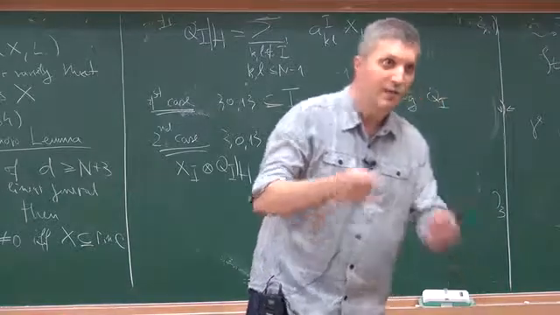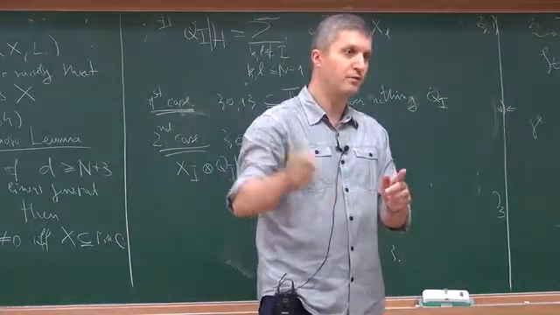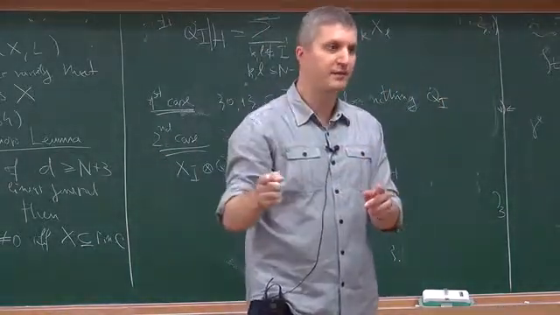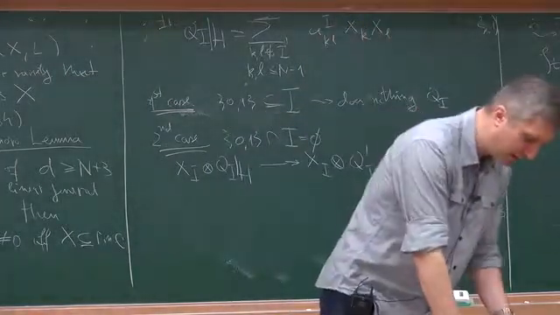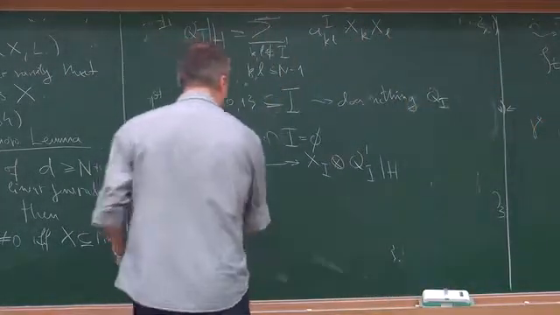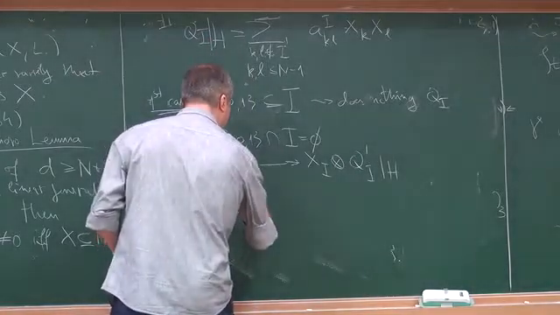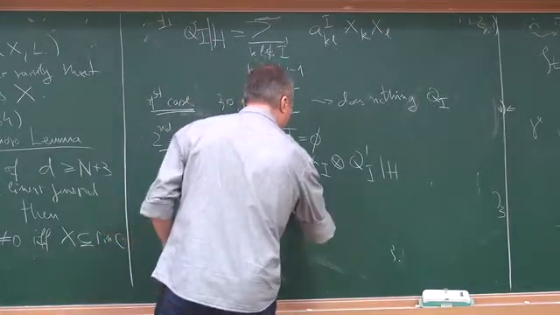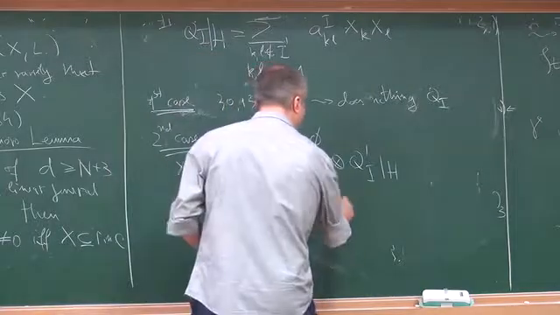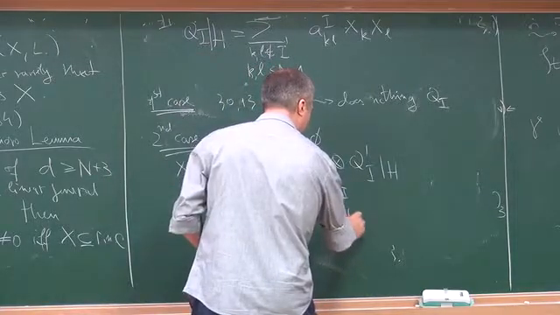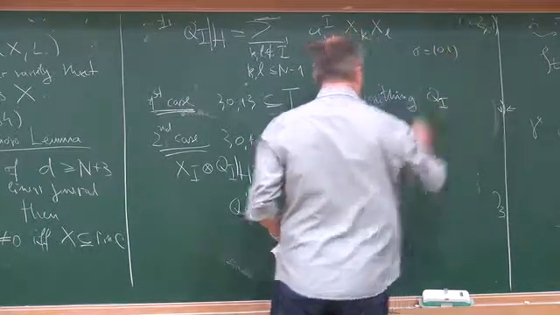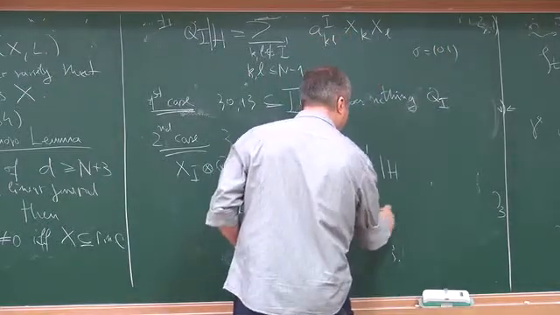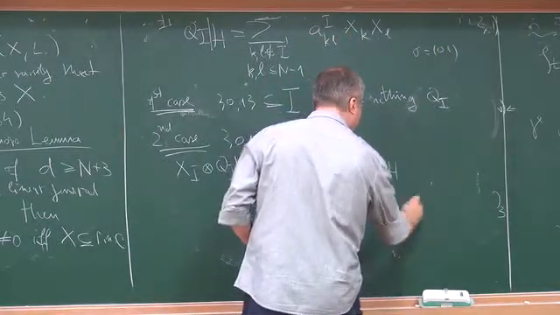It will map x0 to a multiple of x1 and x1 to a multiple of x0. So this Q'_I restricted to H will be a sum of a_I sigma(K) sigma(L) x_K x_L, where sigma is just the transposition (0, 1).